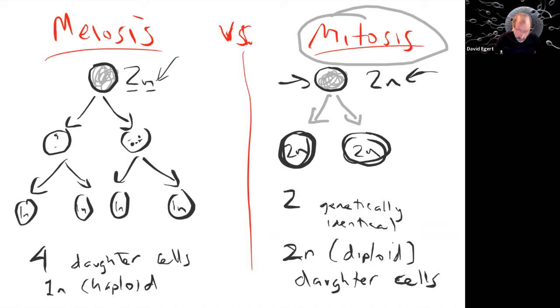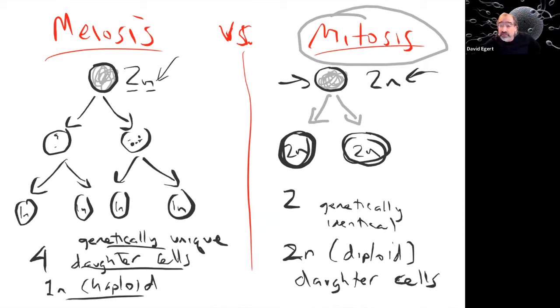So you end up with genetically unique cells. Each of these daughter cells is haploid, and the genome in there is going to be some random mix of whatever your maternal and paternal chromosomes were. This is a weird mixing and matching of your two versions to create these genetically unique haploid cells.